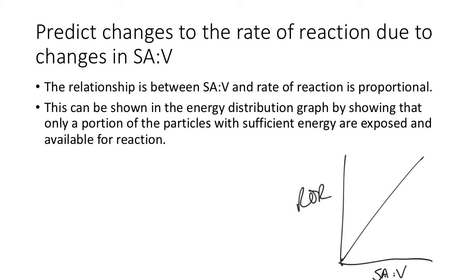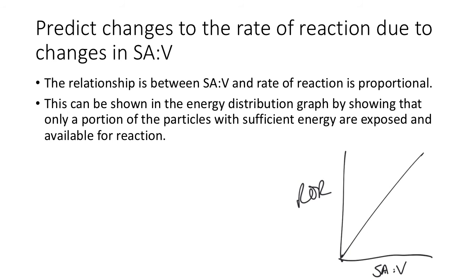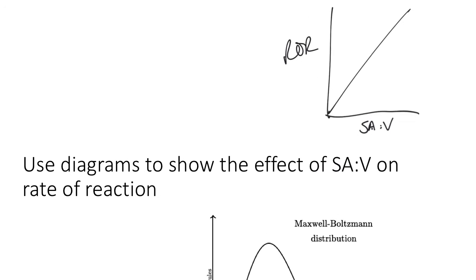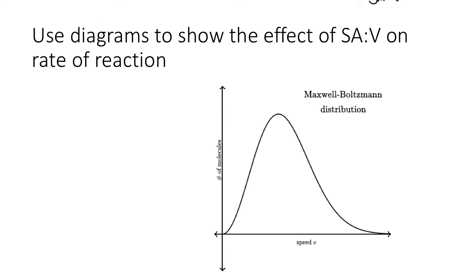We can show that on an energy distribution graph by showing the particles with sufficient energy that are exposed as a proportion of the particles with sufficient energy. So what do I mean? Here's our Maxwell-Boltzmann distribution graph, and here's our activation energy. These are the particles which have sufficient energy to react. But not all of those particles are on the surface.